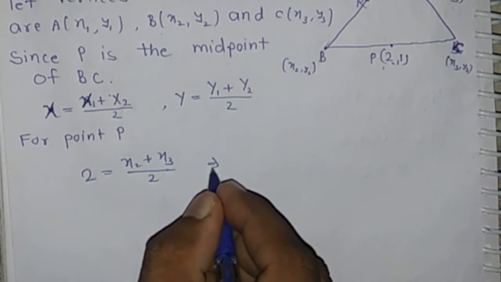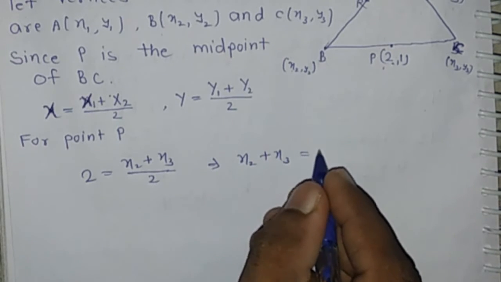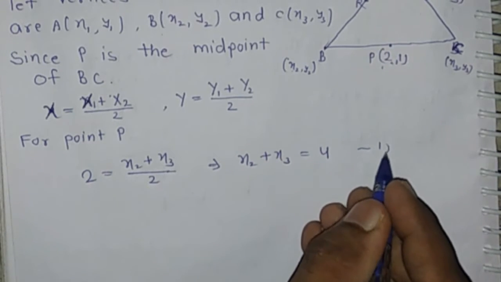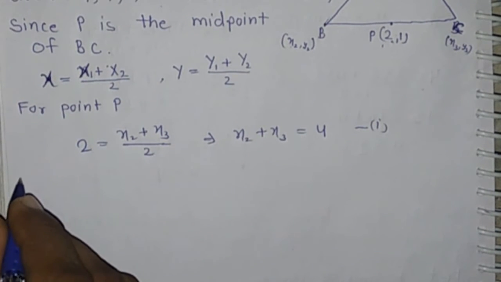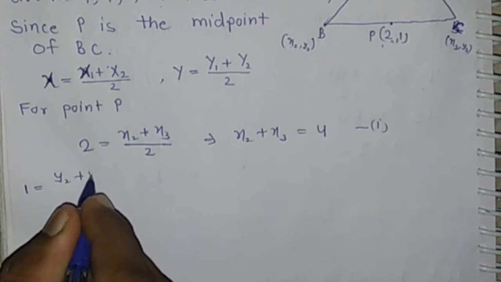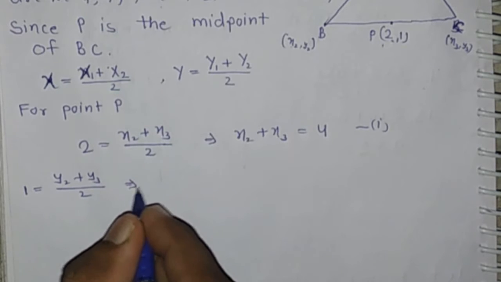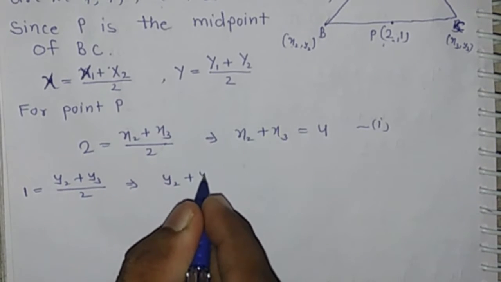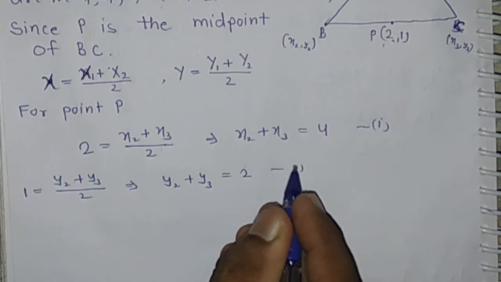From here we have the value of x2 plus x3 is 4. It is the first equation. Now similarly 1 equal to (y2 plus y3) by 2, then y2 plus y3 is equal to 2. It is the second equation.